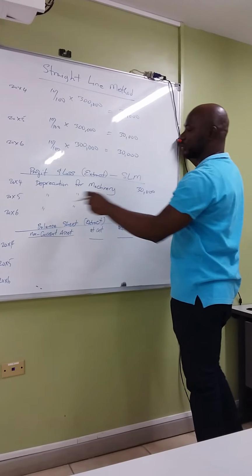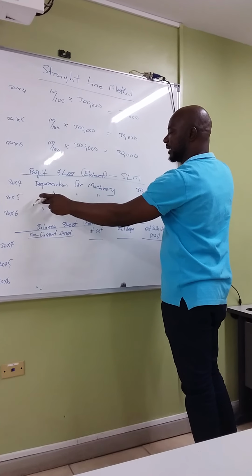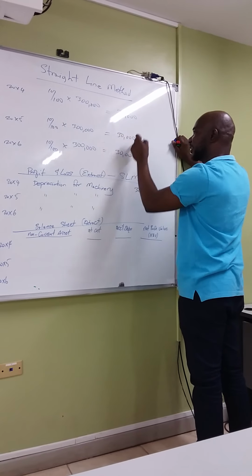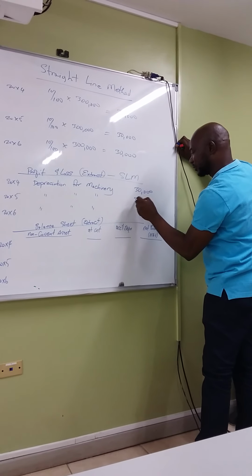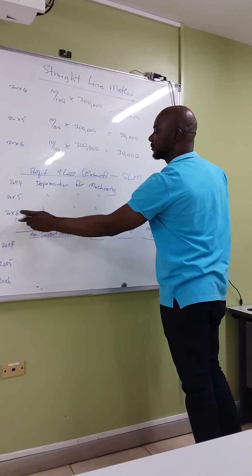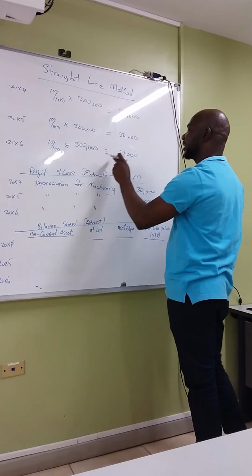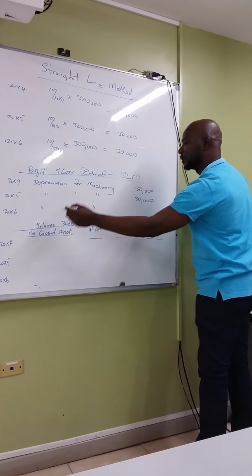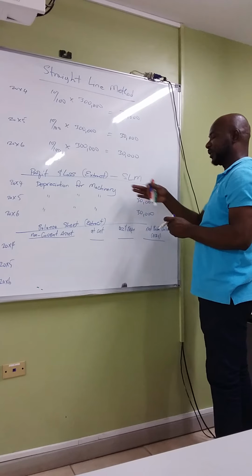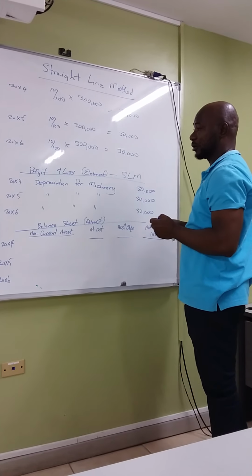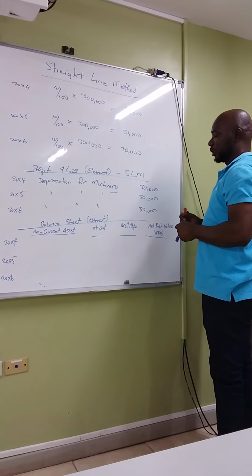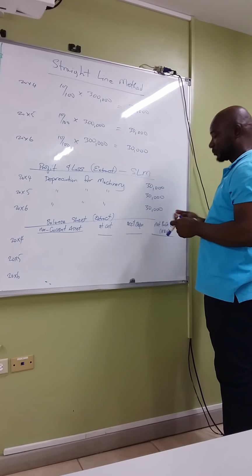For 2005, the depreciation charge for machinery is $30,000 also. For 2006, $30,000. So $30,000 will be included each year in your income statement or profit and loss.